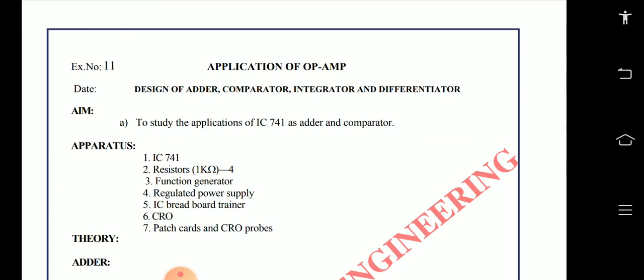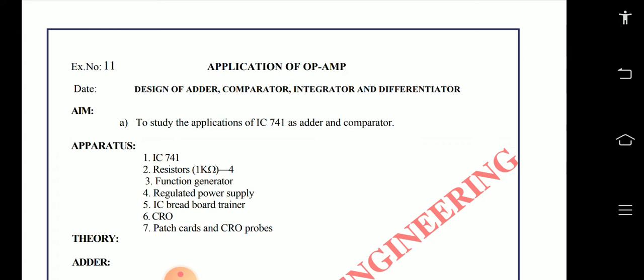If you give the input to your inverting terminal, it will be considered an inverting summing amplifier. If you give the input to the non-inverting terminal of your op-amp, then that circuit will be considered a non-inverting summing amplifier. Generally the summing amplifier has two inputs, so if you want to add, we require two inputs.